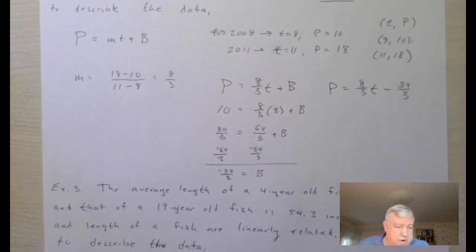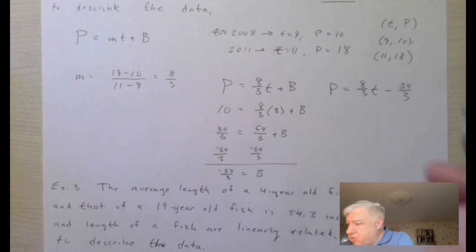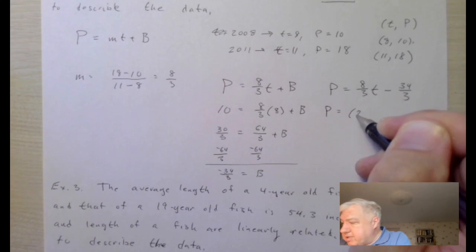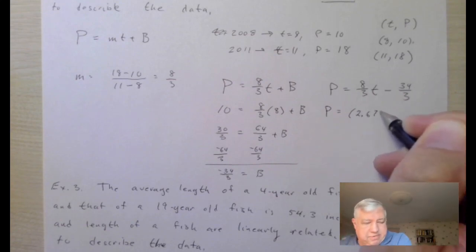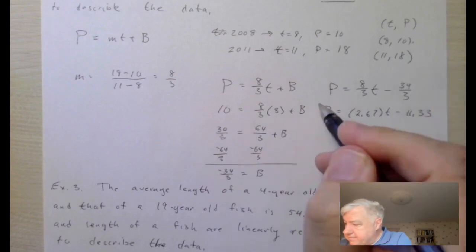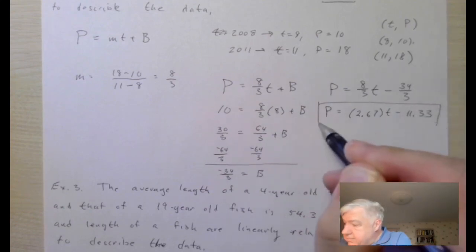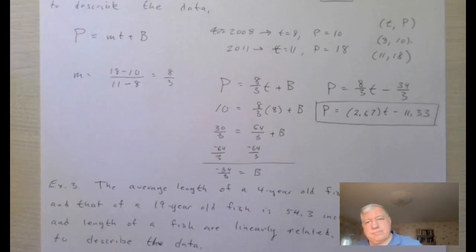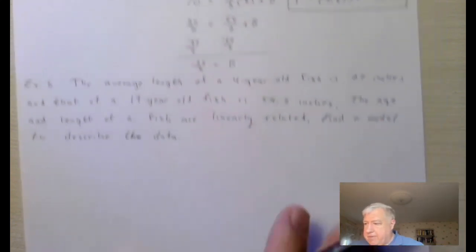Or if you want to use the decimal approximations, if we round to 2 decimal places, P is 2.67 T minus 11.33. Either one would be acceptable for me, by the way.